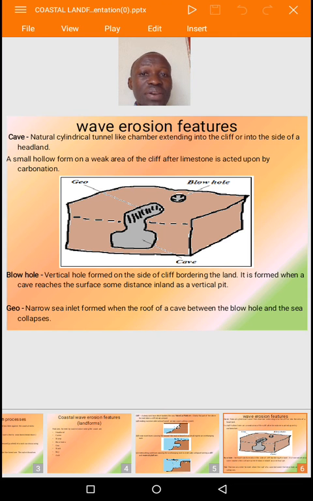So we have a blowhole there at the rear end. Then you have that narrow piece of land which is entering. A narrow sea inlet is formed when the roof of a cave between the blowhole and the sea collapses. That's what we are calling a gill.